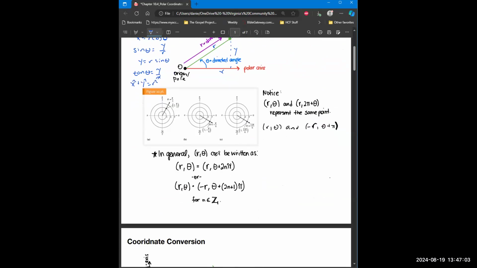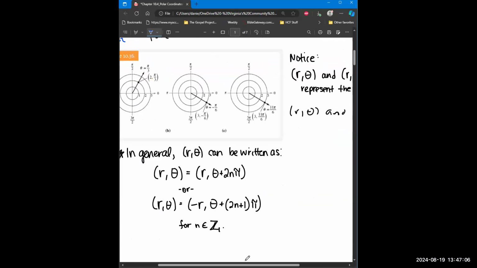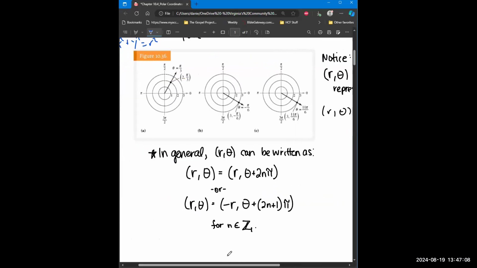So let's go ahead and look at some examples here of points that are in the polar coordinate system. So I can think about theta equals a constant as a line here. It's going to actually go in both directions. And r equals a constant is going to be a circle. And where the circle and the line intersect one another, I'm interested specifically in the ray that goes from the pole in this direction of that angle.